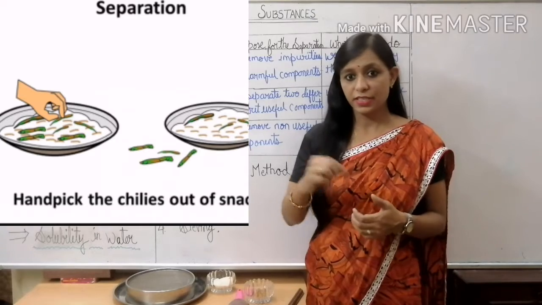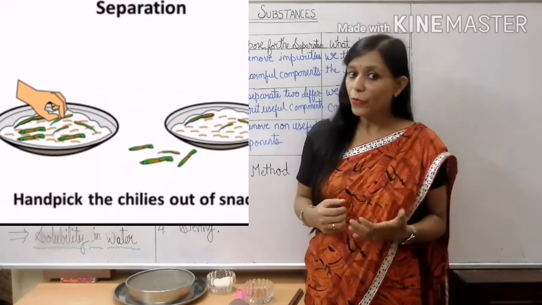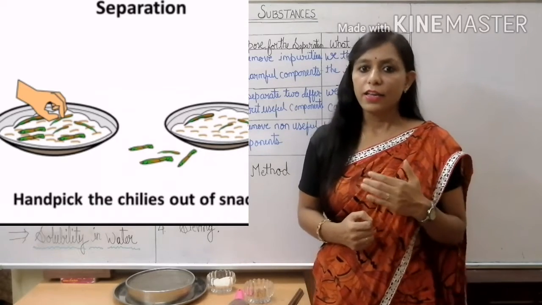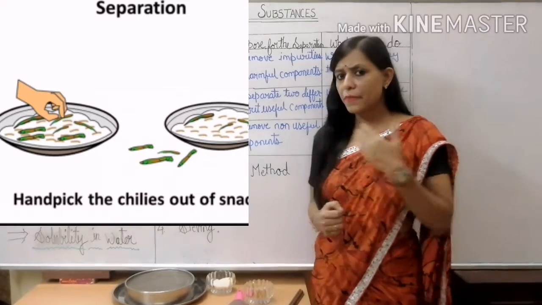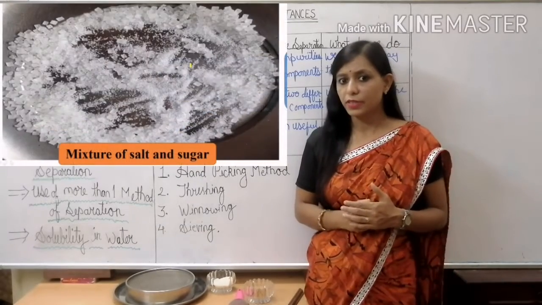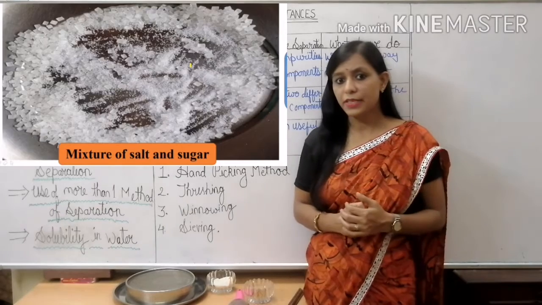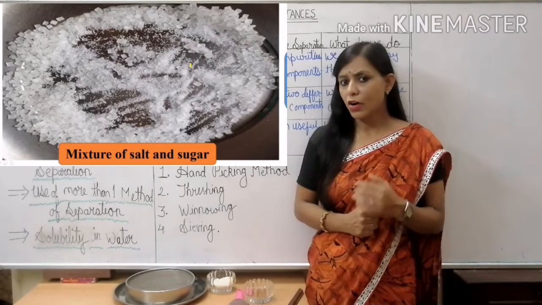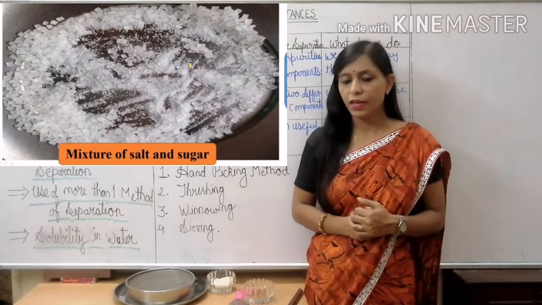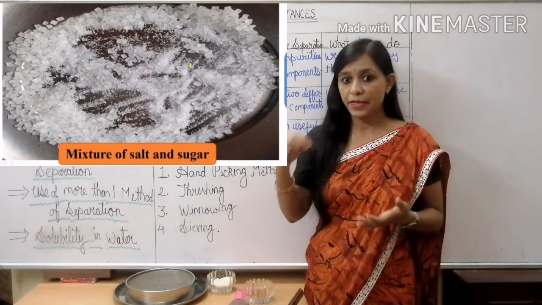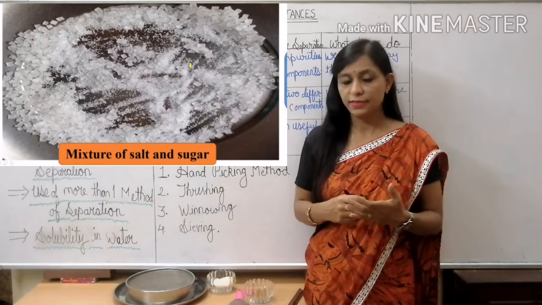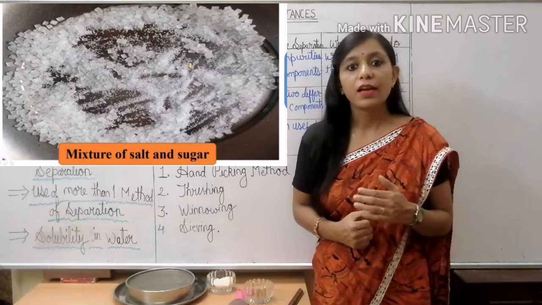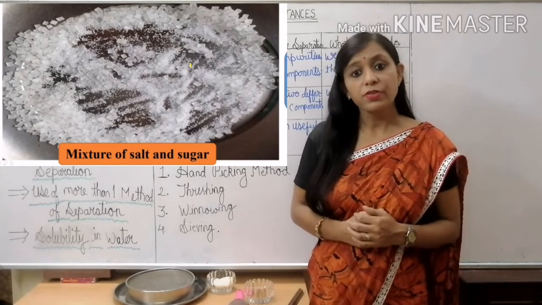Yes, we pick chilies and separate them from the poha. If a mom gives you a mixture of salt and sugar to separate, how will you separate it? Would you like to separate it by picking it out with your hands? Obviously not. So which method should we use to separate it?